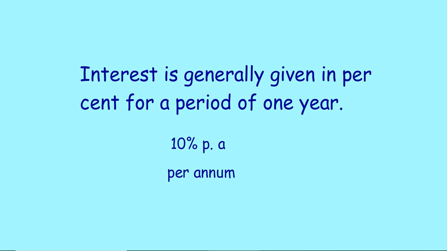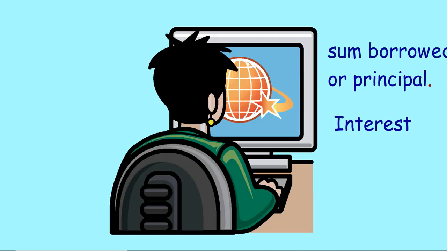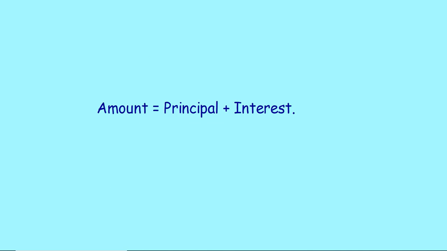This PA means per annum. So at the end of the year, we have to give the sum borrowed plus interest to the bank. That is, amount is equal to principal plus interest.